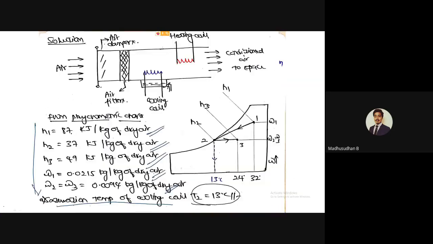If you are getting confused about what H1, H2 are, you can look at the psychrometric chart. So this is the cooling coil, right? From this to this, the cooling and dehumidification process takes place. If you want to calculate the amount of water vapor removed, or the amount of heat extracted, you have to subtract this from this, correct?